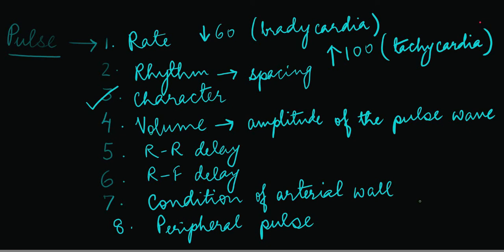Again, the details of all these points will be dealt with in the next video. And peripheral pulses are especially important and need to be palpated in people with peripheral vascular diseases.